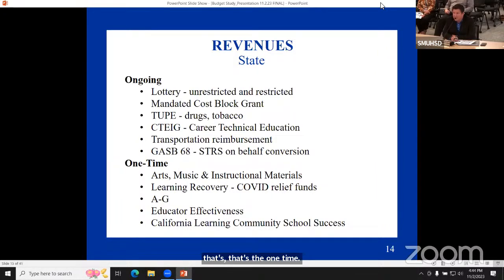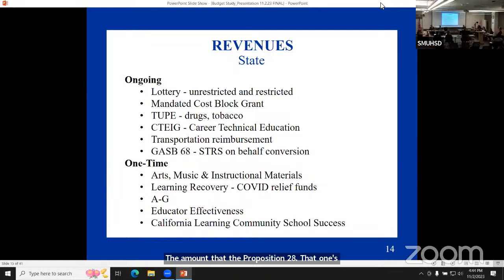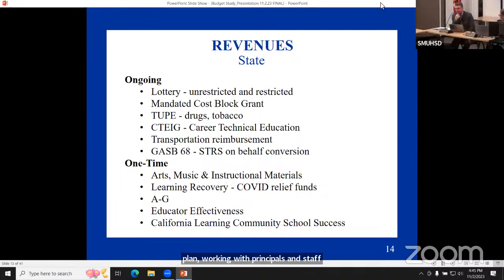It was included in the adopted budget because still today we have not received the amount that the district will receive. And what is it? Proposition 28. We are anticipating receiving it. We have not gone through the process of developing a plan, working with principals and staff, because we're not quite sure exactly how much, if there might be any significant restrictions.